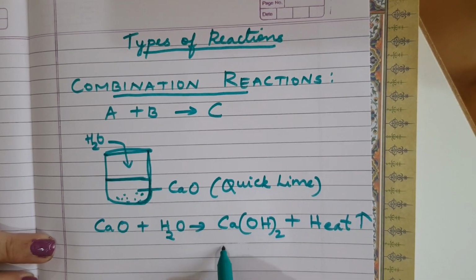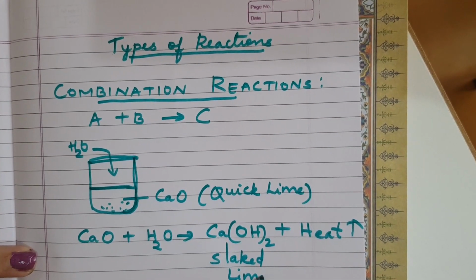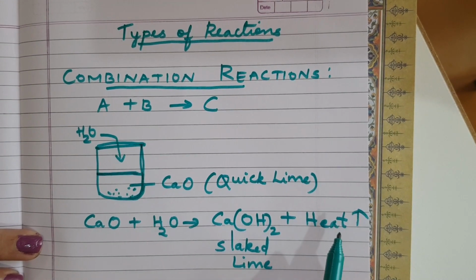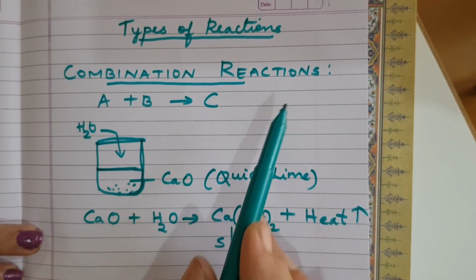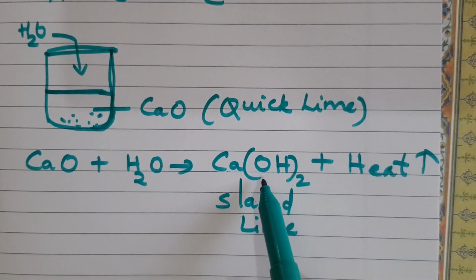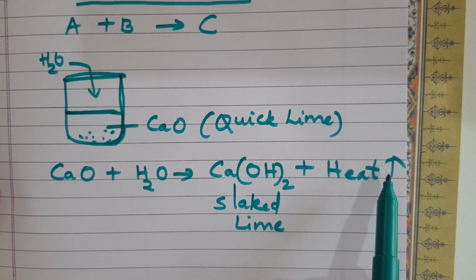Heat is given out. The new compound is slake lime. Calcium hydroxide is also called slake lime. So this is a combination reaction. Two substances are combining to give a single compound, and heat is liberated as a result of the reaction.